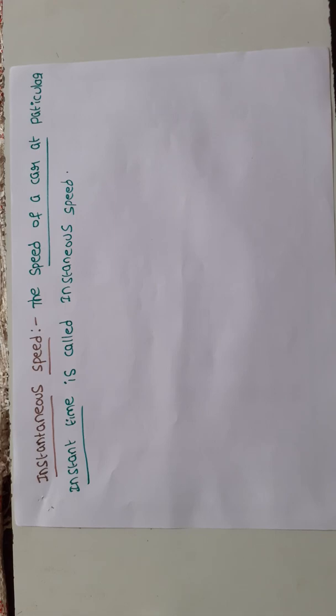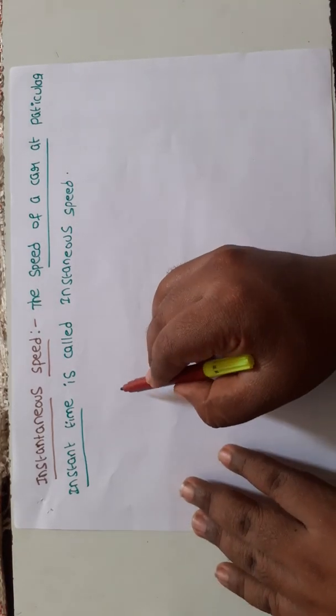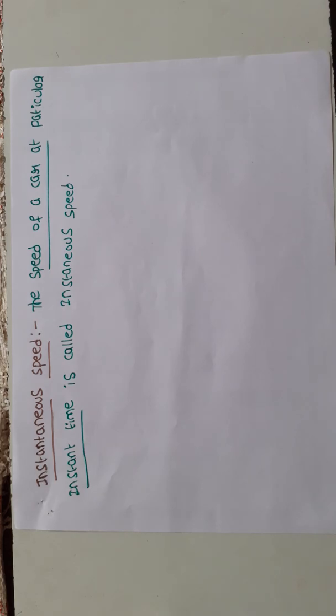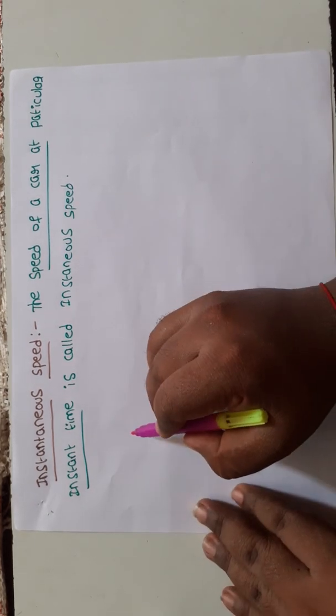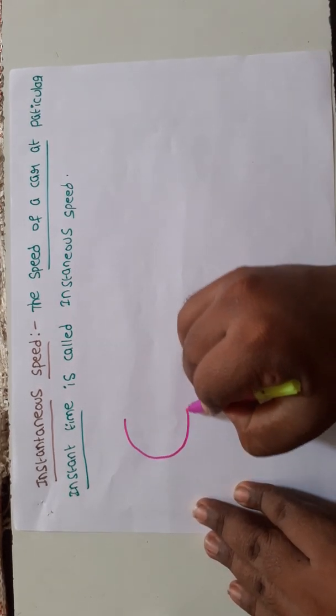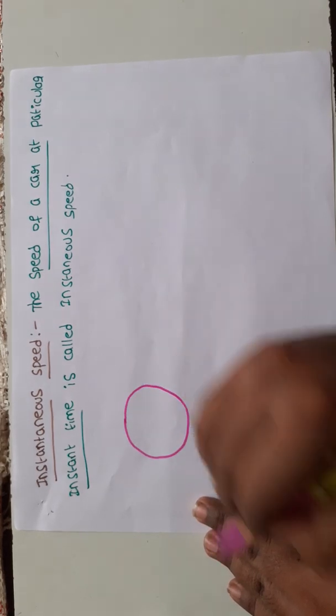For example, a car travels from position A to B. We are going to measure the instantaneous speed. How to measure the instantaneous speed? I know that, by using the speedometer. Every bike, every car, every bus has a speedometer.